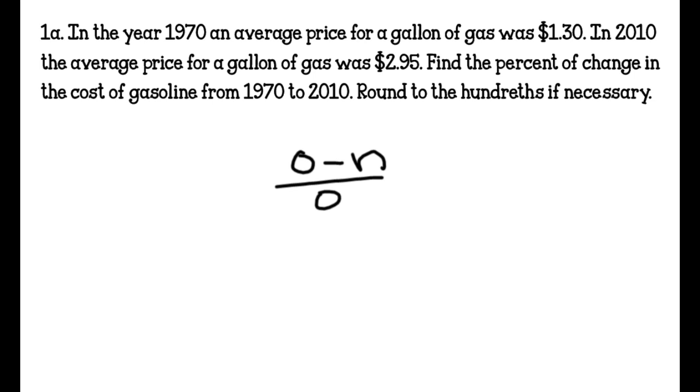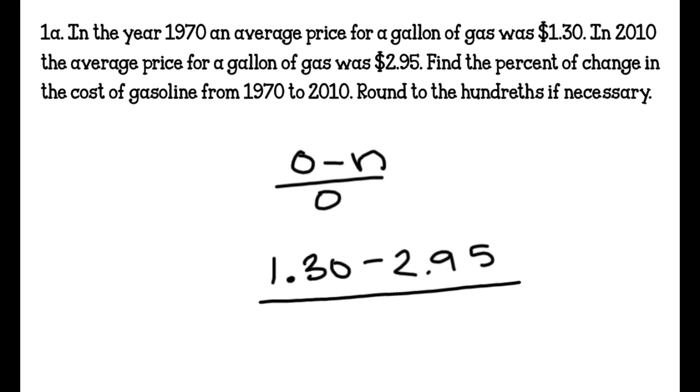So the original price of gas was $1.30, but now it's $2.95. So you take $1.30 minus $2.95, and you're going to divide that by $1.30 because that's the original price of gasoline in relation to this problem.